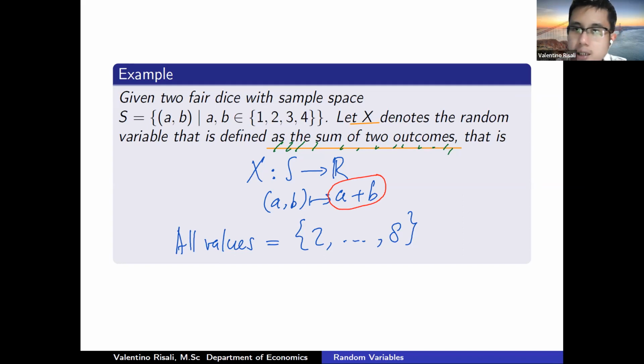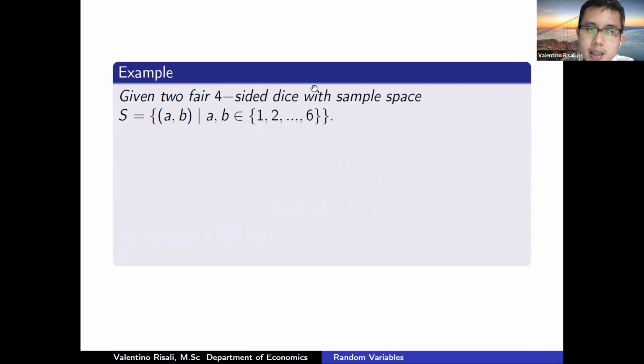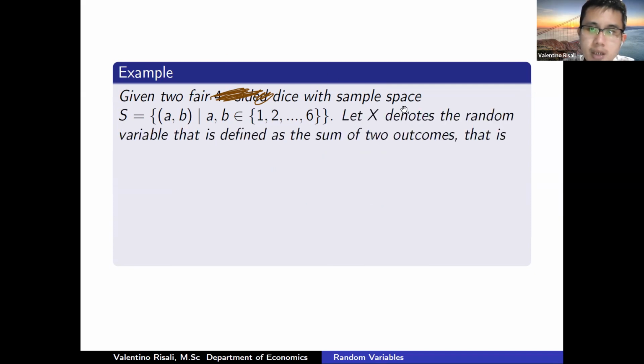Okay, I think it's an easy example. Let's move to our next slide and next example. I'm sorry, this is a typo here. We deal with the six-sided dice. We throw it 2 times, and then we define X, the random variable, as the sum of two outcomes.